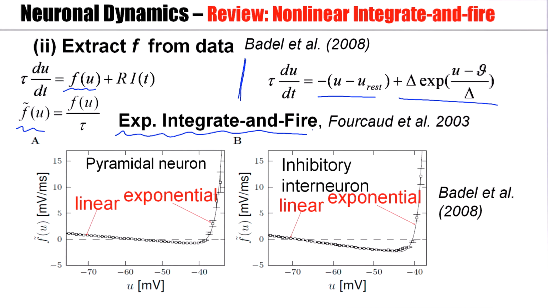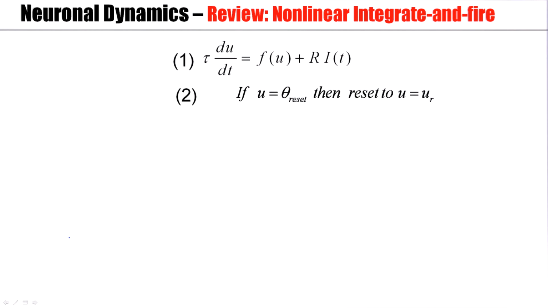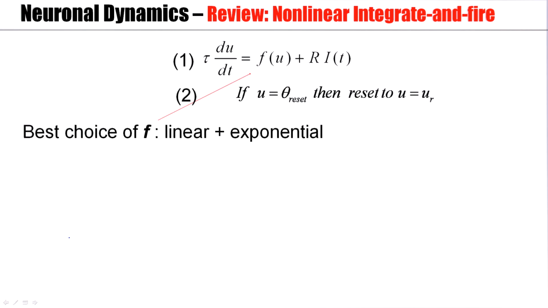If the voltage reaches some value above this unstable fixed point here, say at this point here, we may reset the voltage and integration can start again. Thus, for one-dimensional neuron models, we can identify the best nonlinearity. It's linear plus exponential. It looks like this. This is called the exponential integrate-and-fire model.